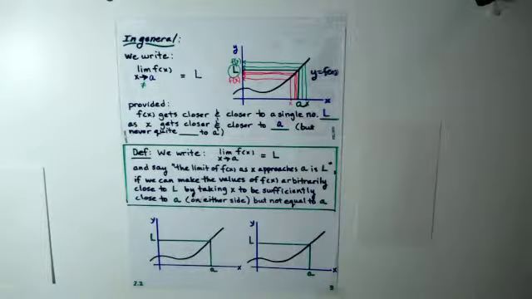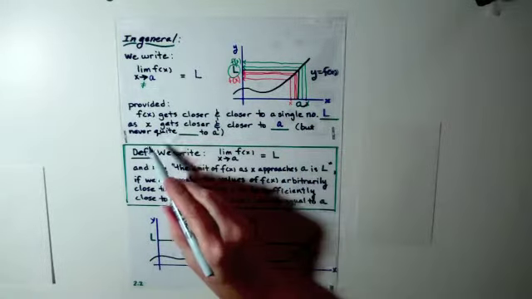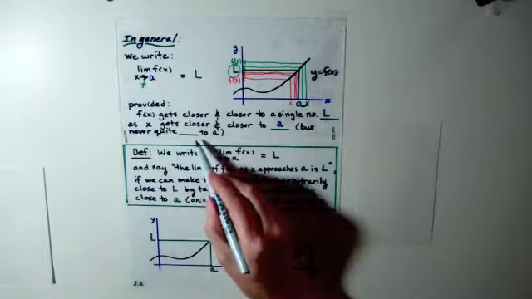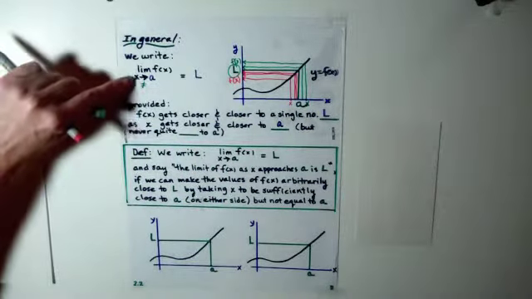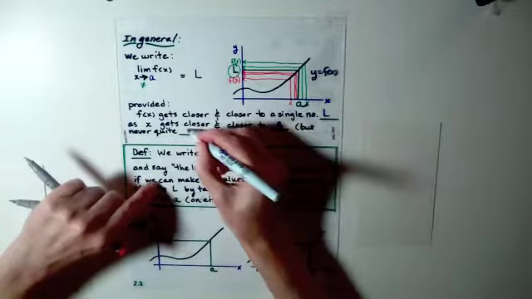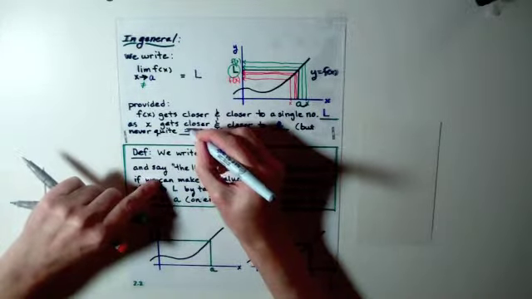And notice in parentheses that I wrote but never quite equal to a. And remember, we said that we're letting x get close to, but never quite equal to a.